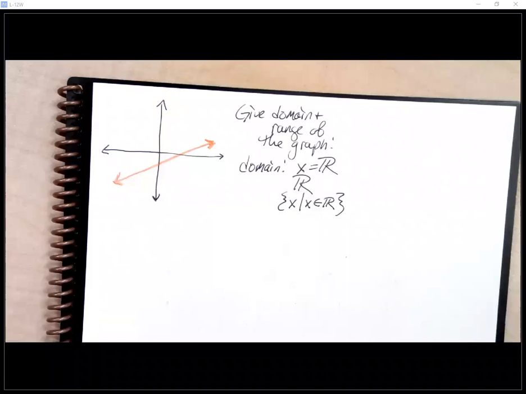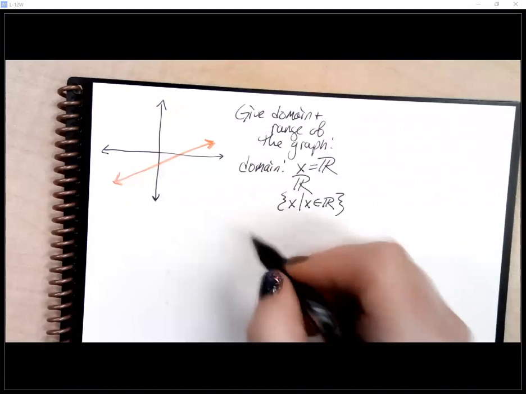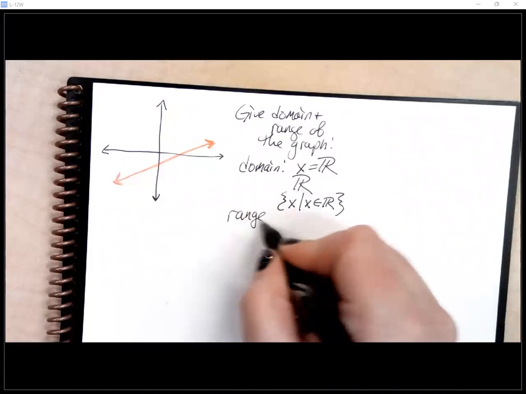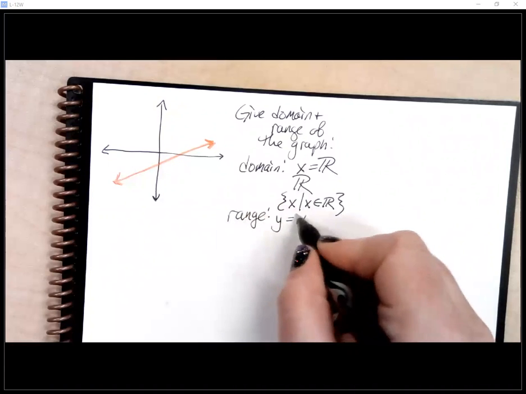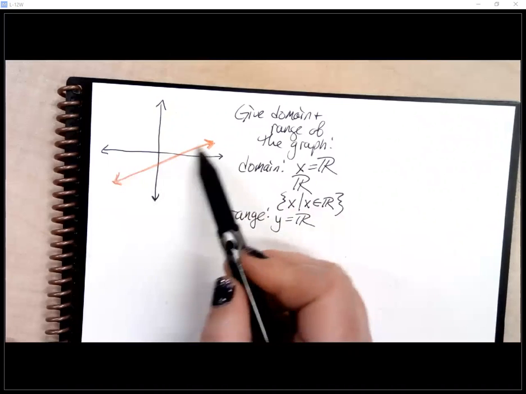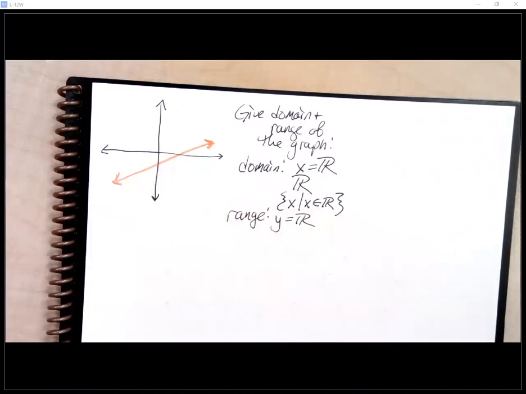Same thing is happening with the range, my y's. All right, think about this. This is going to keep going up and down forever in both directions, so every single y value is also going to get covered. So all reals belong in my range.